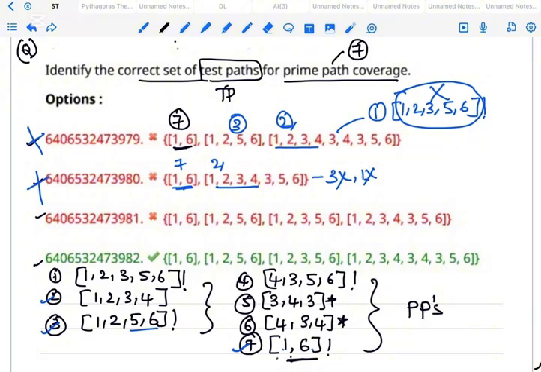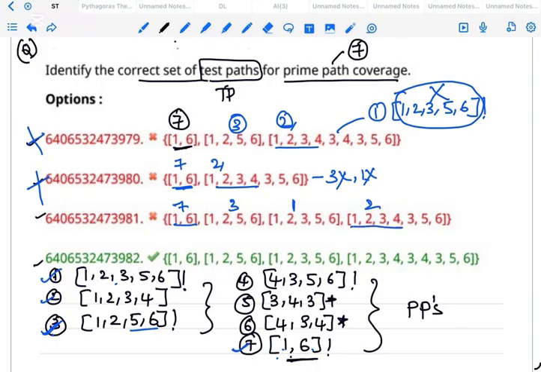Now option C. Prime path 7 is covered here. Next, 1 2 5 6, prime path 3 is covered. Next, 1 2 3 5 6, the first one is covered. Next, 1 2 3 4, so the second is covered.